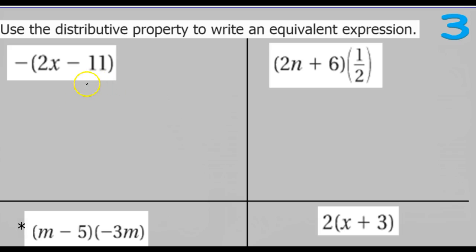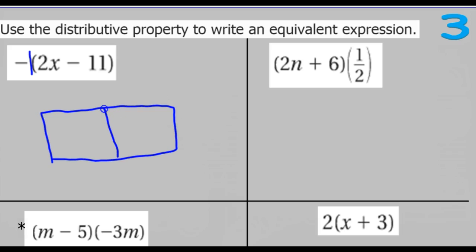Alright, let's go to this next one. So here we have a negative sign out front. When we just have a negative sign out front, that's like saying that there's an imaginary 1 out there. So if we drew our box, instead of just a negative sign out front, we could put a negative 1.